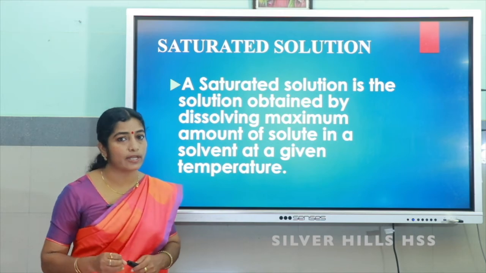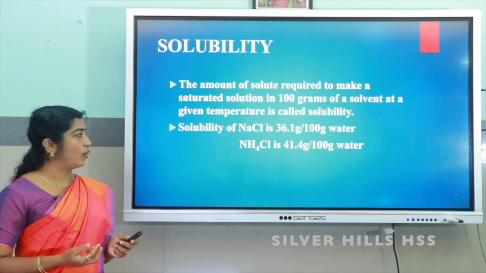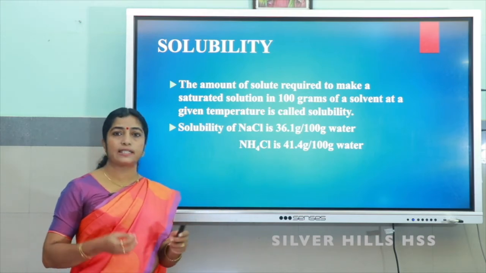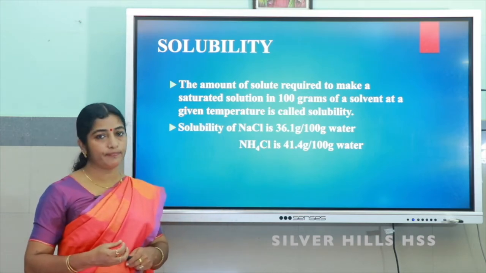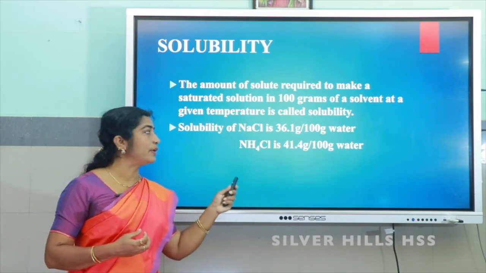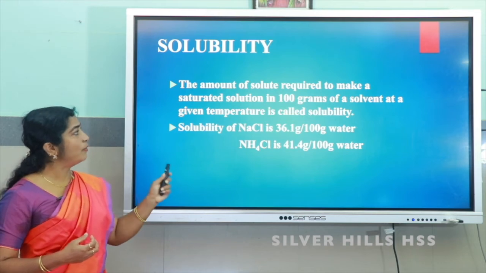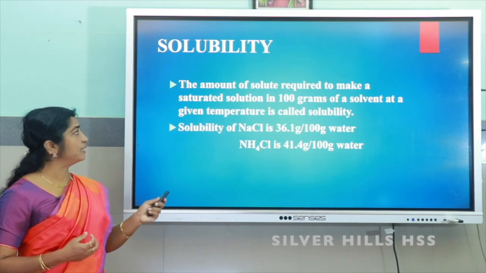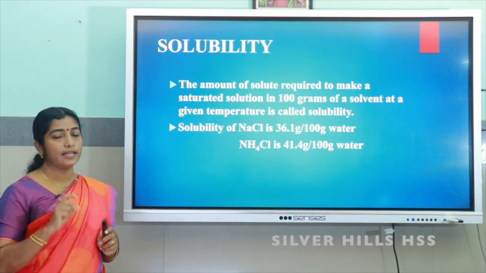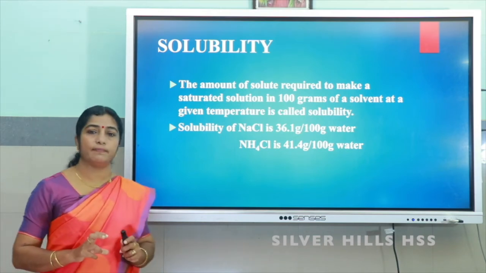The amount of solute required to prepare a saturated solution in 100 grams of water at a given temperature is known as its solubility. So the solubility of sodium chloride is 36.1 gram and solubility of ammonium chloride is 41.4 grams. The solubility is the amount of solute required to make a saturated solution in 100 grams of solvent at a given temperature.